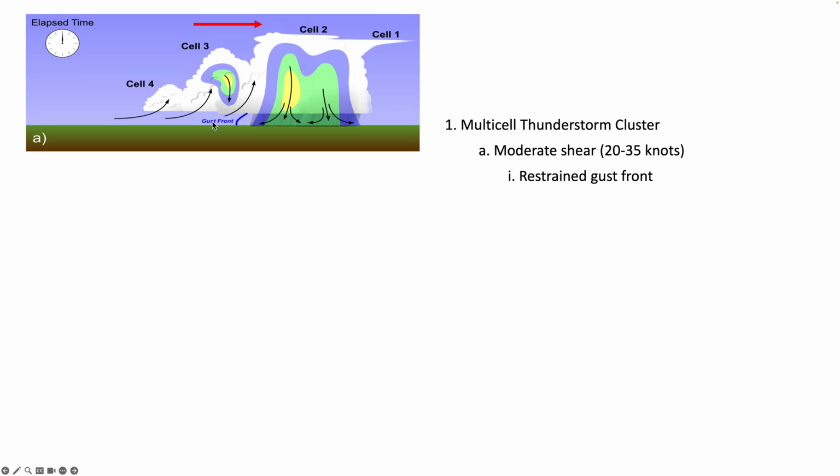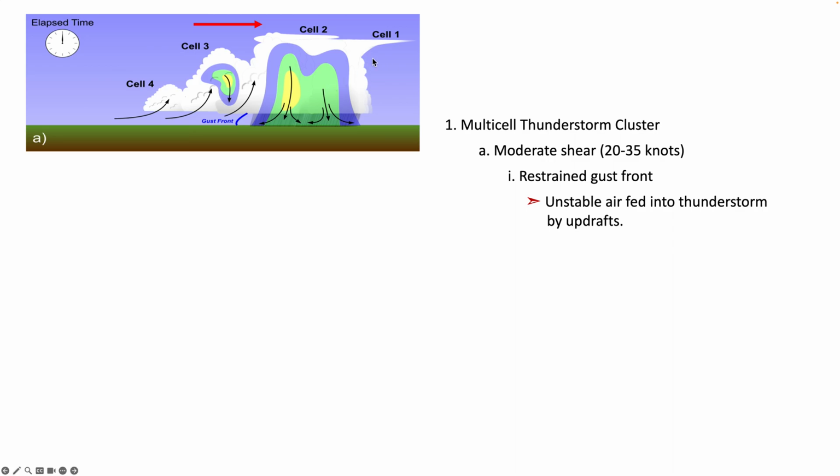And so what's happening now is that because of this restrained gust front, the unstable air that is basically right here is being fed into the thunderstorm, and so we're getting acceleration of air upward, and we're getting the development of a new cell.